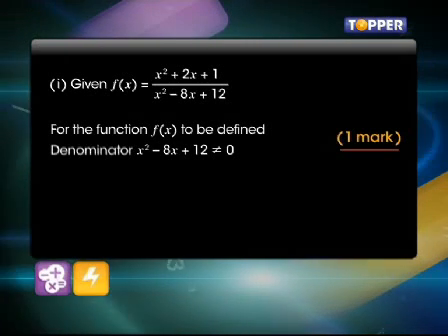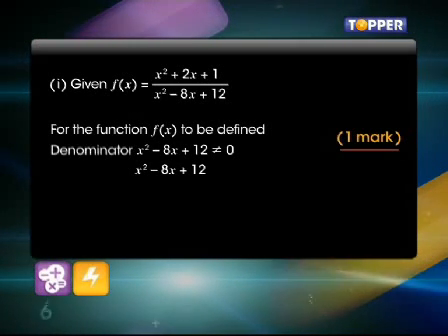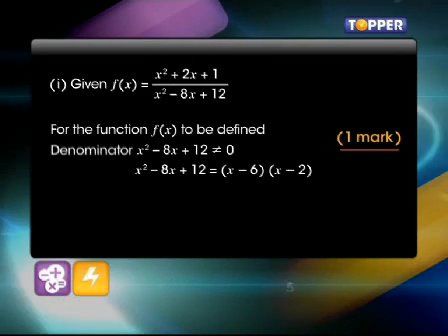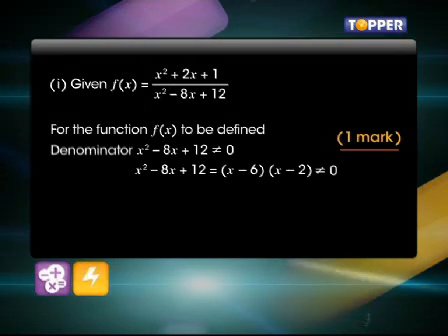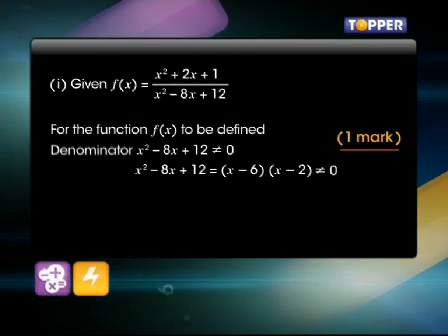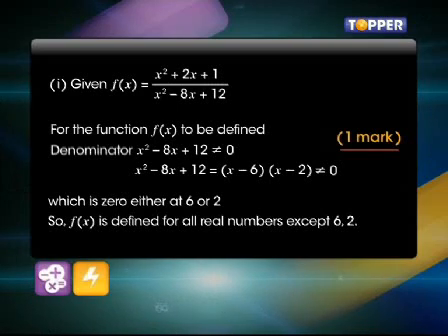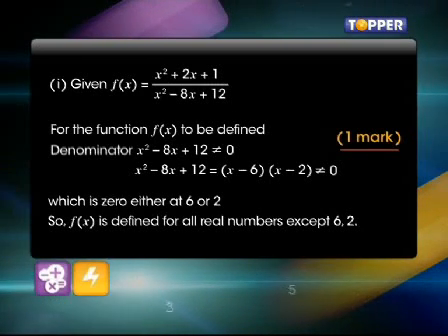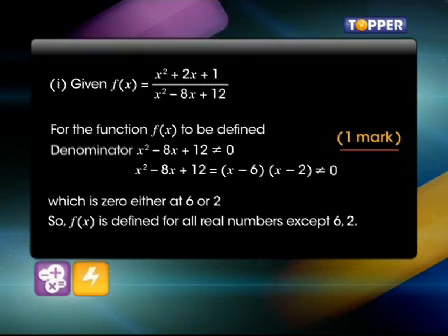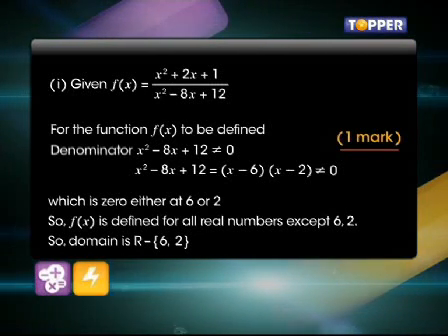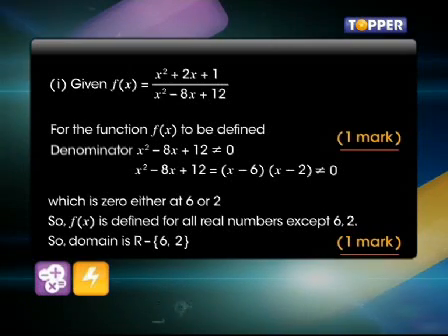That means x squared minus 8x plus 12, which is equal to x minus 6 times x minus 2, is not equal to 0. Now this expression is 0 either at 6 or 2. So f of x is defined for all real numbers except 6 and 2. So the domain of f is R minus {6, 2}. You get one more mark for this.